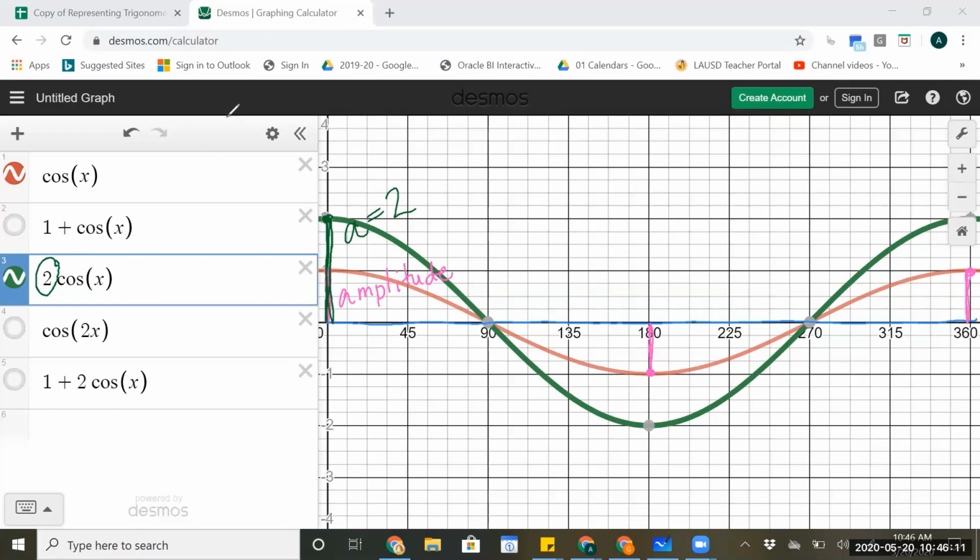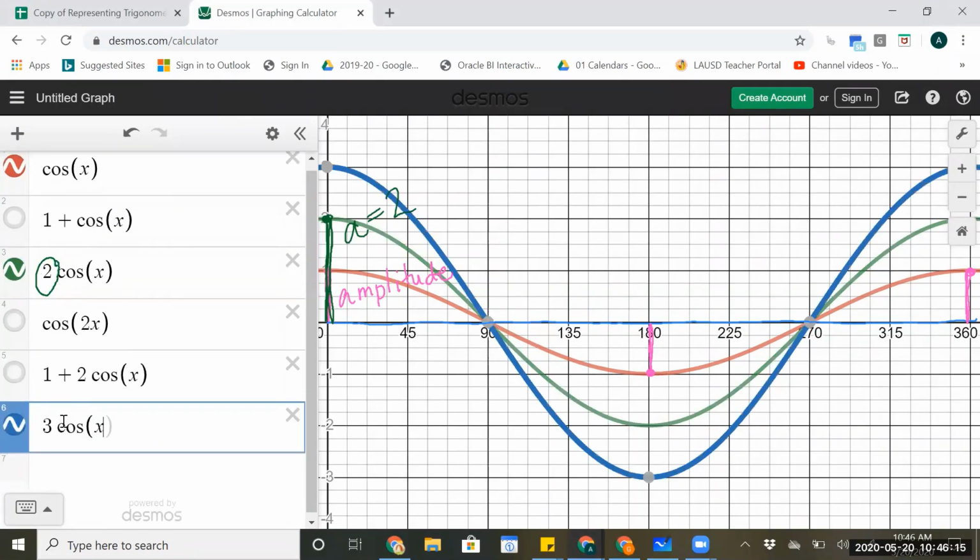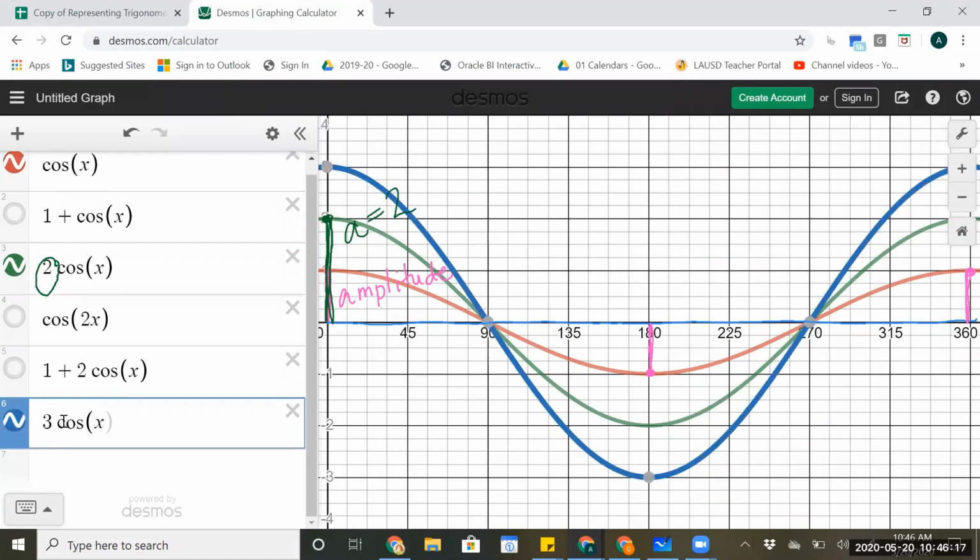I know this wasn't part of your assignment, but just to confirm here, if I type 3 cosine x, then technically my cosine graph should have an amplitude of 3, and I can see very clearly that it does. It comes all the way up here to 3, still a center line, hasn't gotten wider, it's still intersecting at 90 and 270.